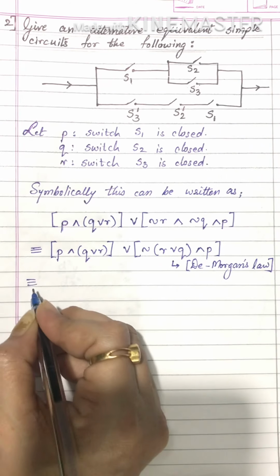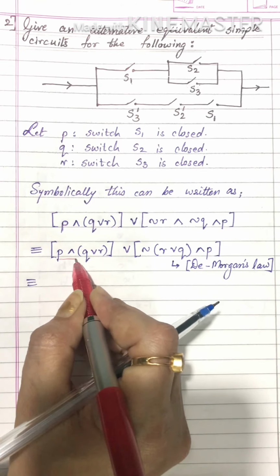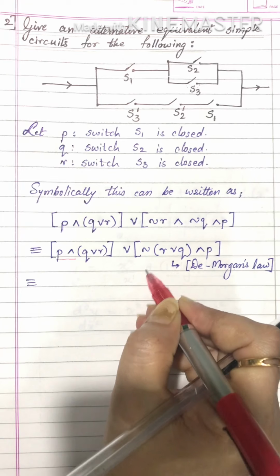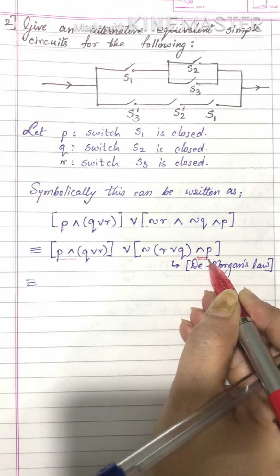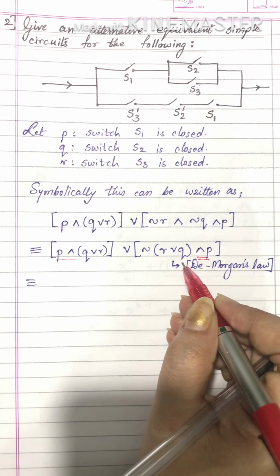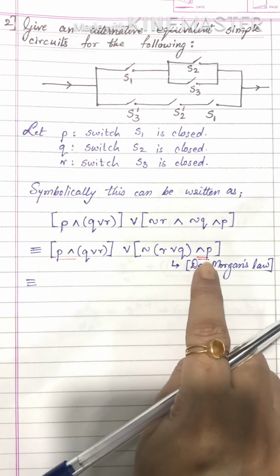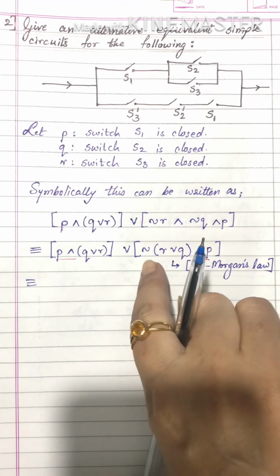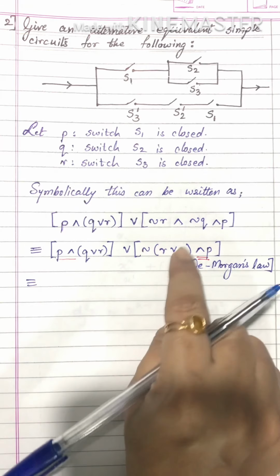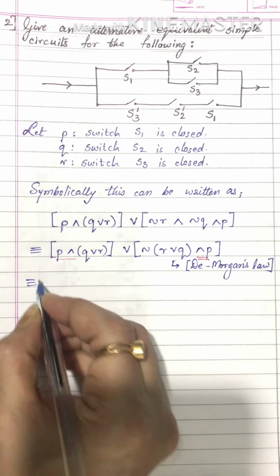Fine. Now solving it further, what can we do here? Okay, we have P and some bracket, and here also we have P and some bracket. Before taking this common, we will write it in this way, P and this. It's following the commutative law.